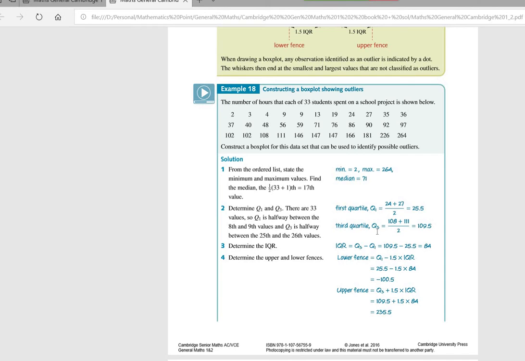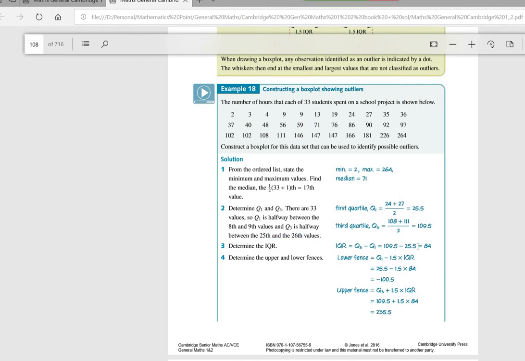Q1 is the median of the first half, and Q3 is the median of the second half, which is the median of the 25th and 26th values. The same way we have found medians, we found Q1 and Q3 as well.